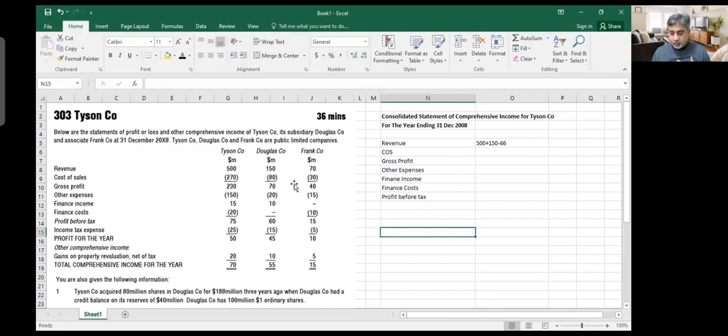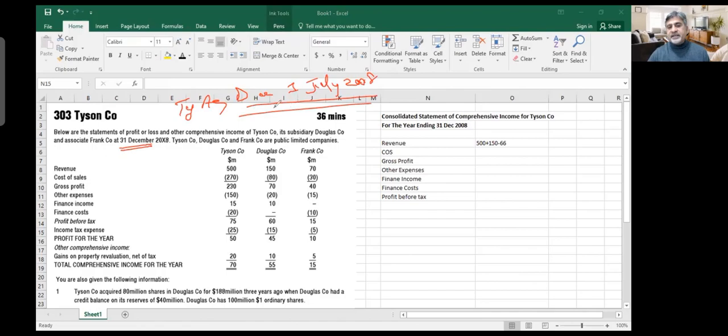If they had told you that you acquired the company on, I don't know, because you are preparing on 31st of December, if they told us that Tyson acquired Douglas on 1st of July 2008, and I'm preparing on 31st December 2008, then for this entire income statement, we are not the parent for the full period.